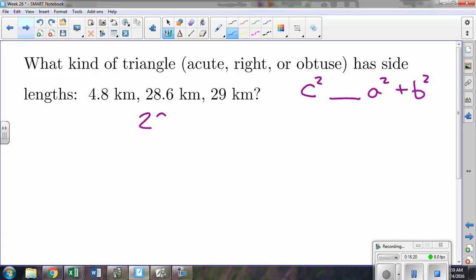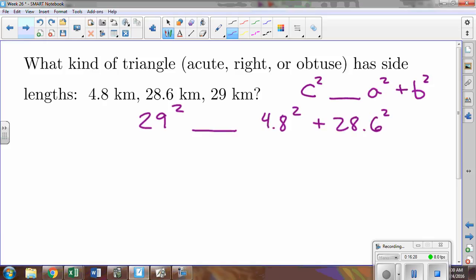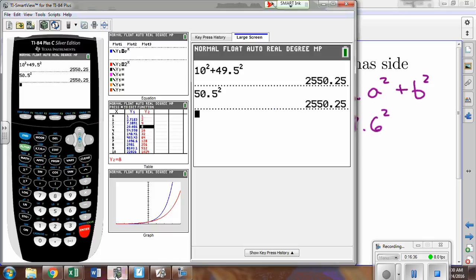Thus, we're comparing 29 squared with 4.8 squared plus 28.6 squared. If we run over to our calculator, we can get 29 squared pretty quickly. That's 841.